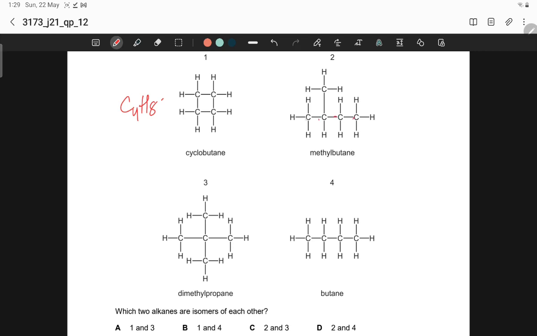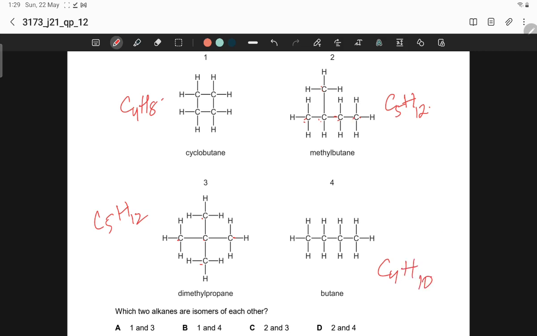Methylbutane, 1, 2, 3, 4, 5, this is C5H12. So this is also 5 carbons. Dimethylpropane, this is also C5H12.